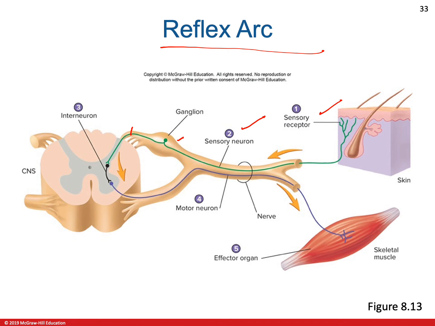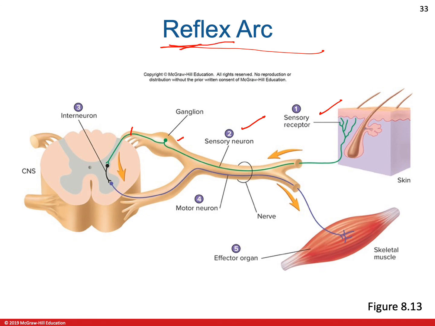So instead of going to the brain, it will synapse to a motor neuron. The motor neuron already carries an impulse, or the reflex, that immediately responds to the effector organ without reaching the brain. You have already the response. That's why it is called a reflex arc.